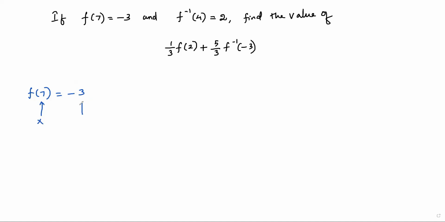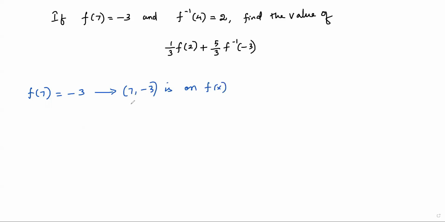This negative 3 is the value of y. That means I consider a point on the graph of f of x. If the x coordinate is 7, then the y coordinate is negative 3. So we can write that 7 comma negative 3 is a point on f of x.